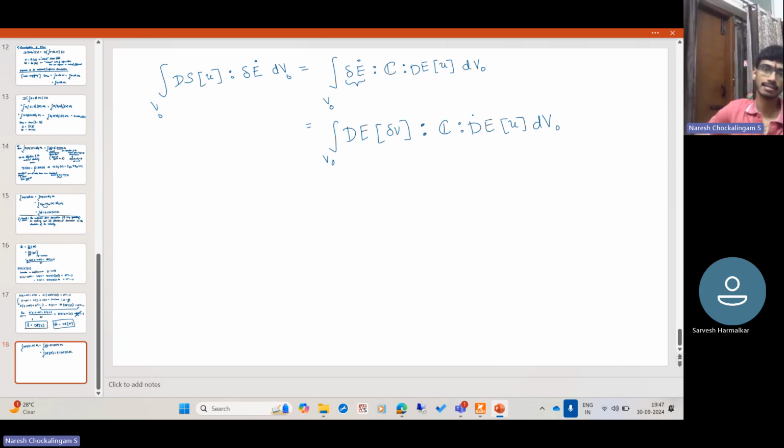So we know that the directional derivative of E is linear in this, and you see C is symmetric. E is symmetric.